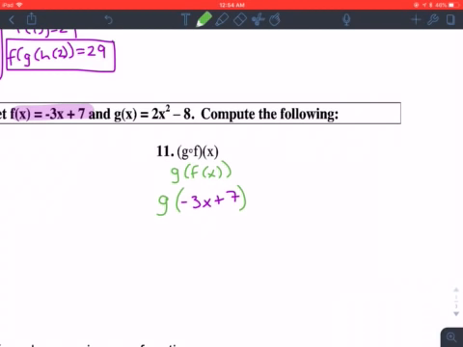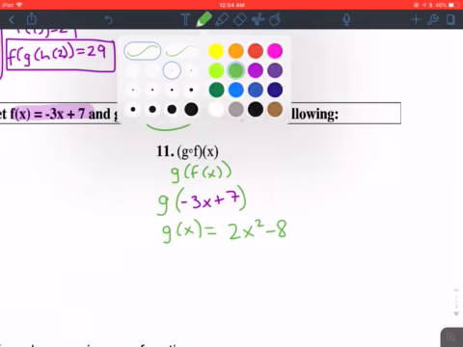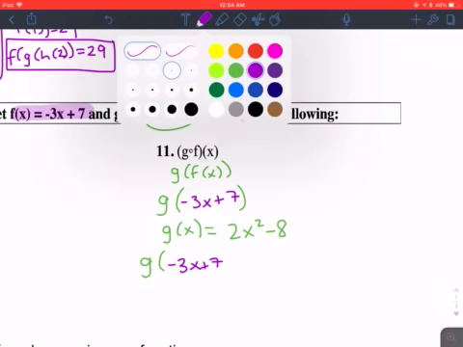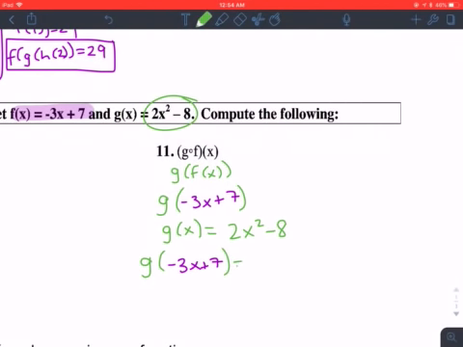Alright, remember g of x is given to us as 2x squared minus 8. So if I go in and replace x with negative 3x plus 7 here, I'm going to do the exact same thing with this x here. And I still have the minus 8 out here.